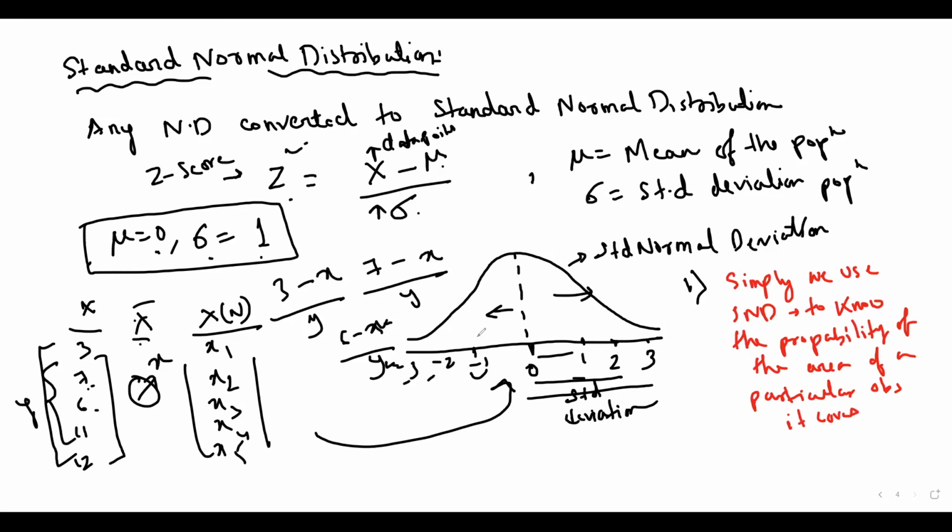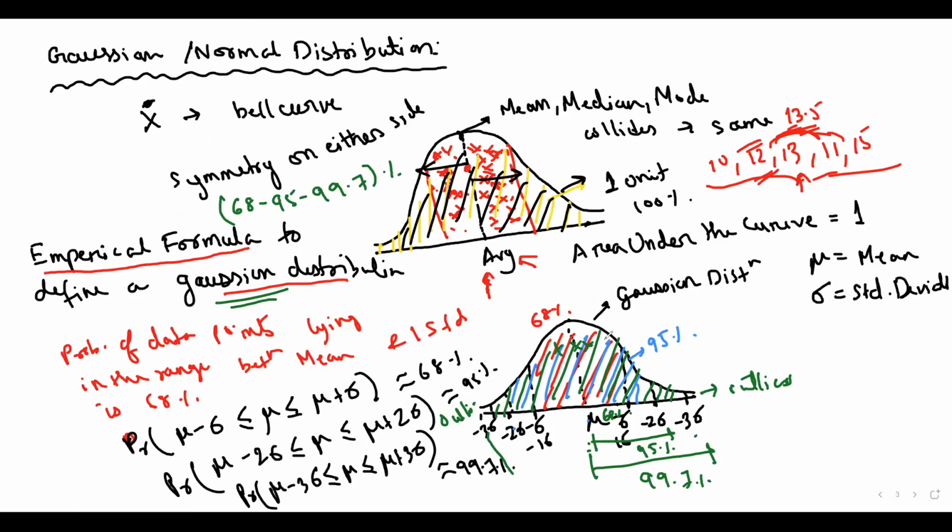Let's say there is one value, 50, somewhere here in the standard normal distribution. I want to know how much area it covers. So basically it will cover this area, right? If I give a different color, it will cover this portion.